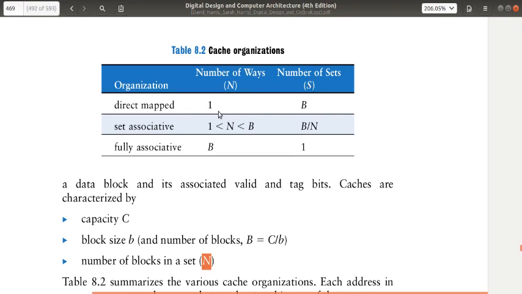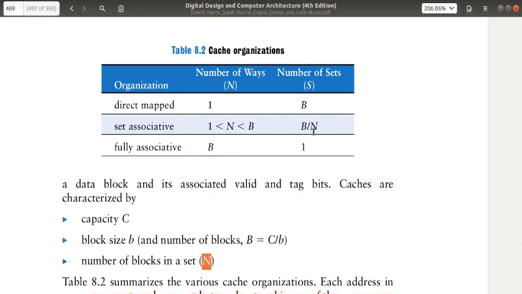For direct mapping, there is only one block per set, and there are b blocks, so the number of sets is equal to the number of blocks, b. In fully associative mapping, there is only one set, the whole cache is one set, and the number of blocks in the set is b, the total number of blocks. Set associative mapping is something in between, right?